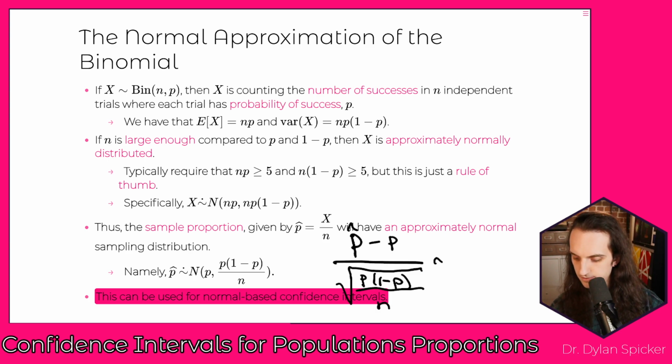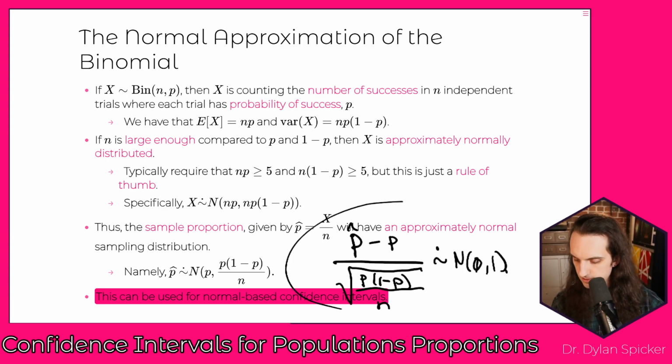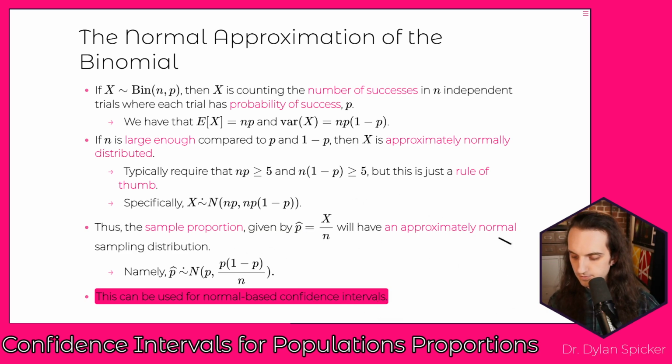The standardized version is going to be about a normal 0, 1. And so this term right here is going to be approximately standard normal, which means that we can use this as the basis for normal-based confidence intervals.